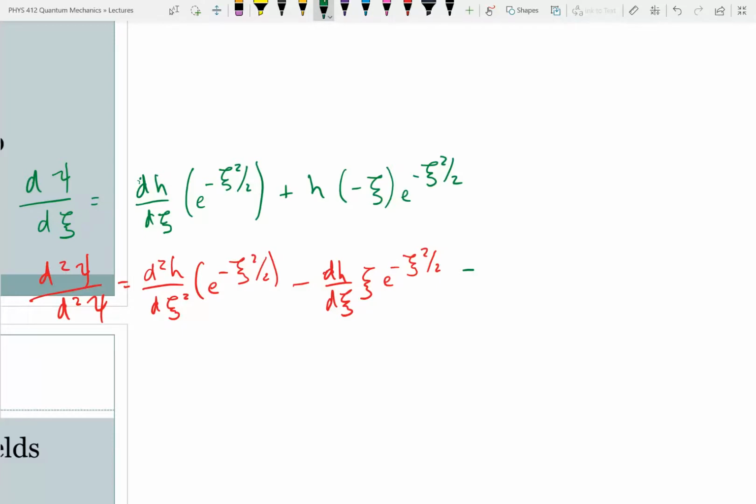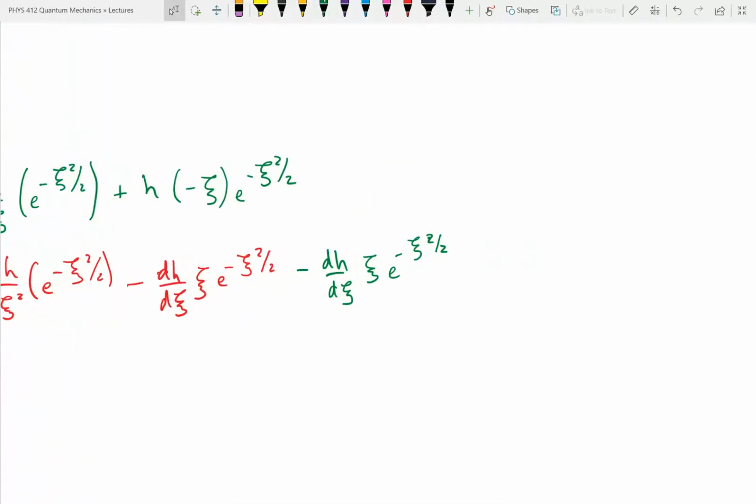So then it's dh/dc times c times e to the negative c squared over 2. And then minus h times e to the negative c squared over 2. Then plus h c squared e to the negative c squared.